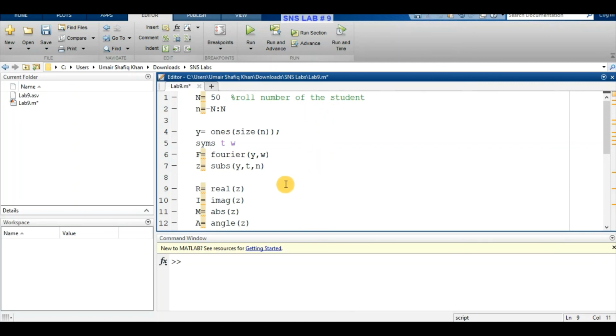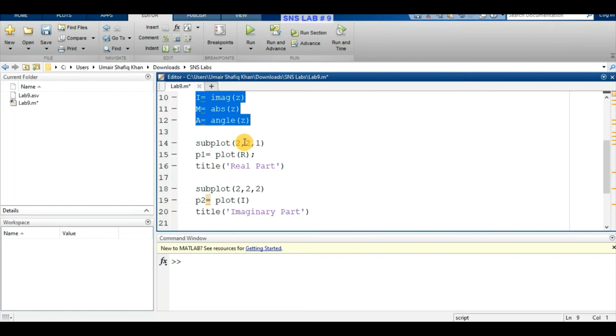And we had replaced the symbolic variable of t with the actual values of fn by using a substitute function of MATLAB. After finding the value of this signal in the frequency domain, we can use these 4 built-in functions to find the real part of a signal, imaginary part of a signal, absolute value, and phase of a signal. And then we can plot this signal by using subplot commands.